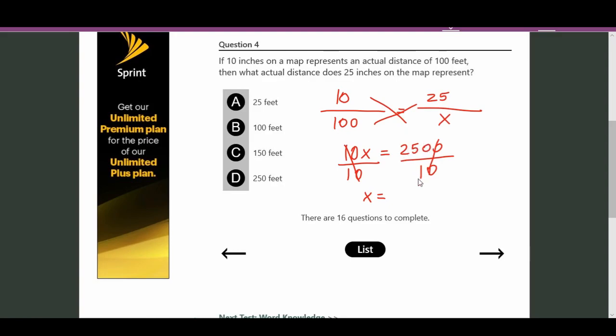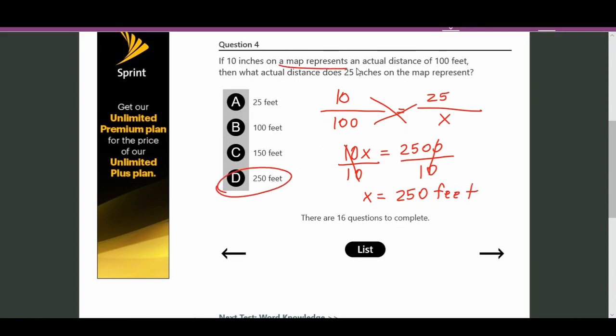Anything divided by 1 is itself, so 250 divided by 1 is just going to be 250. Therefore, I know that if 10 inches on a map corresponds to 100 feet, 25 inches on a map corresponds to... Oh, I almost wrote miles there. What am I thinking here? 250 feet, which is this one right here.